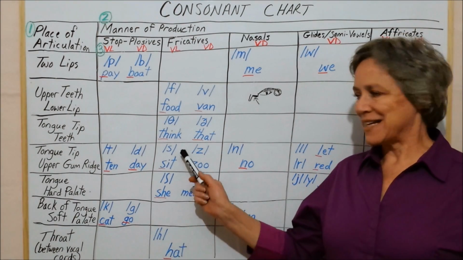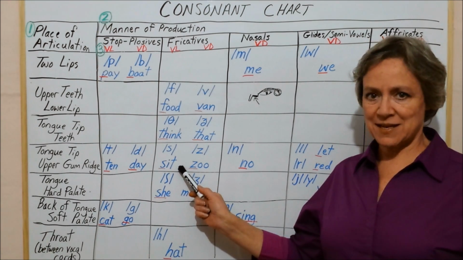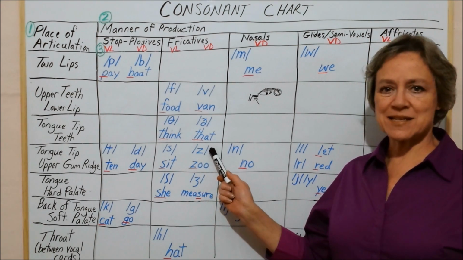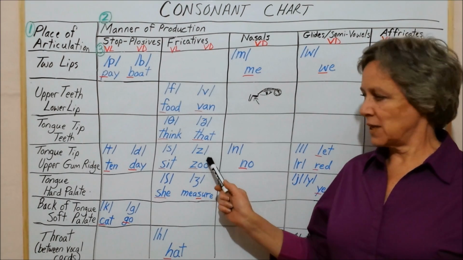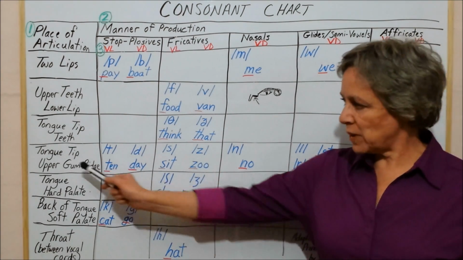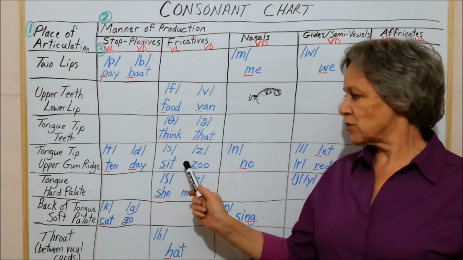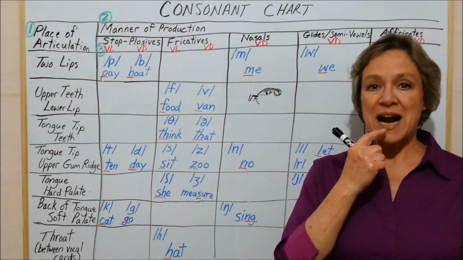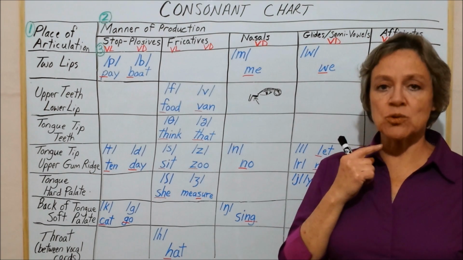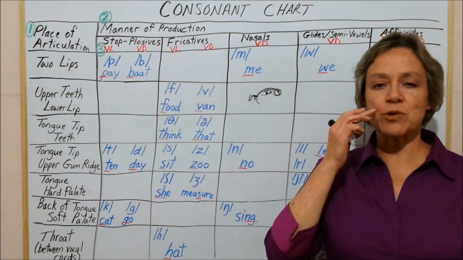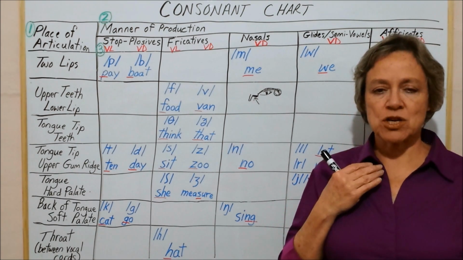We now have S as in sit and Z as in zoo. These two sounds are made with the tongue tip and the upper gum ridge. So the tip of my tongue is up close to the ridge behind my upper teeth, but it doesn't touch.